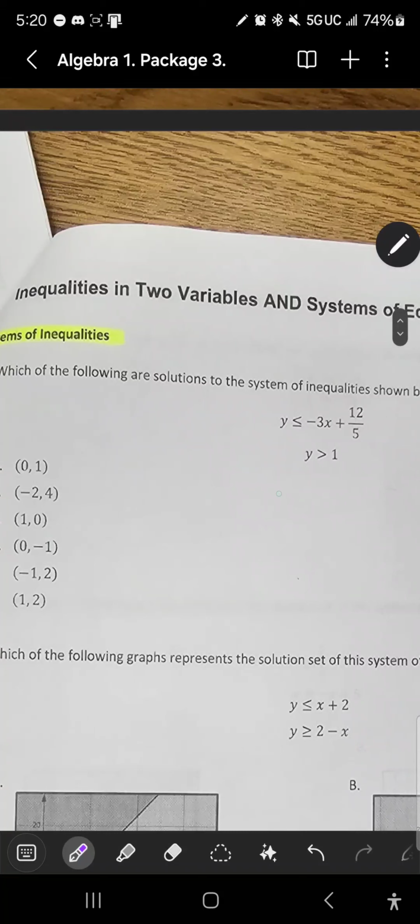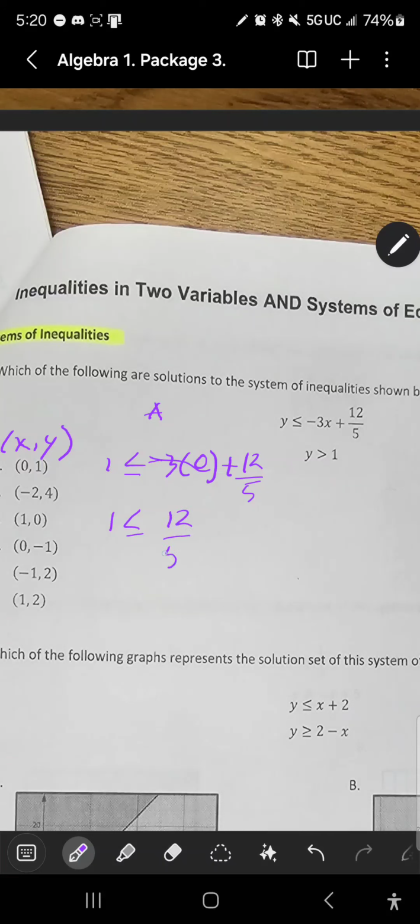We said, okay, for A, 1 less than or equal to -3 times 0 plus 12 over 5. And this is just 0. Just substituting, and this is x comma y. So you substitute the values and I get 1 less than or equal to 12 over 5.